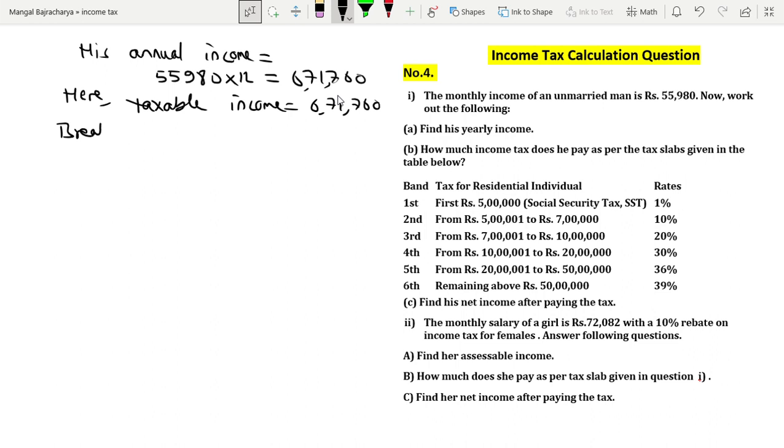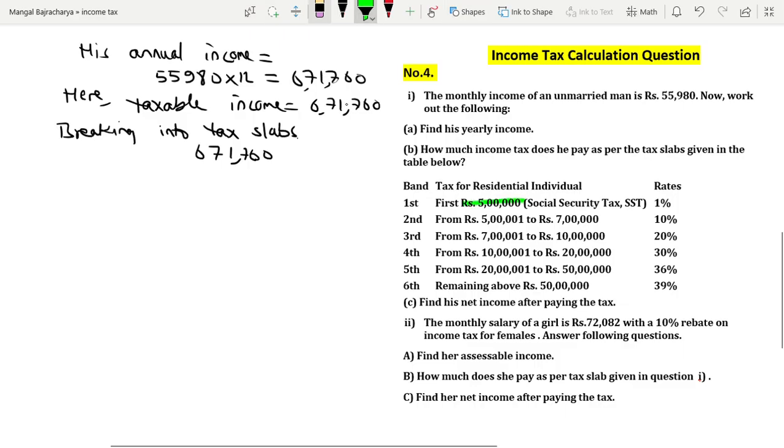So we say here, breaking into tax slabs. We have a total of 6,71,760. So the first slab is 5 lakh.